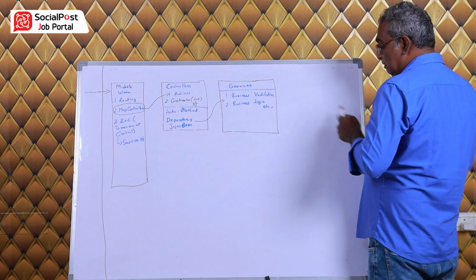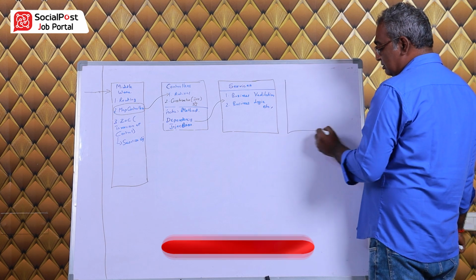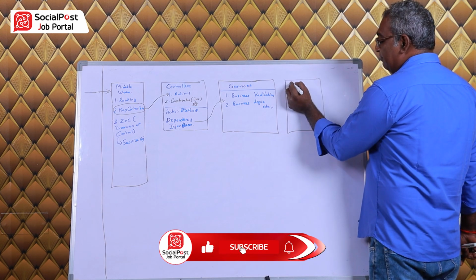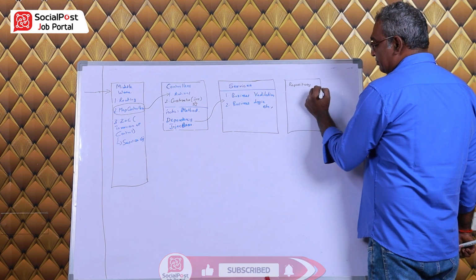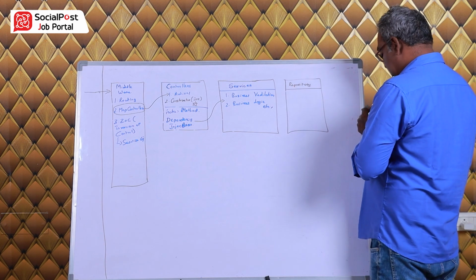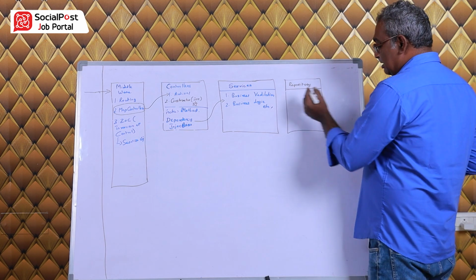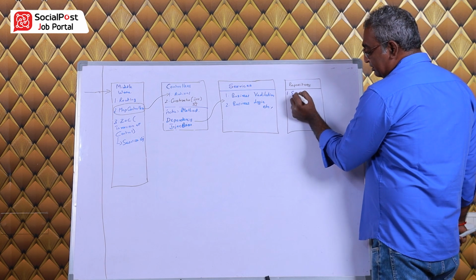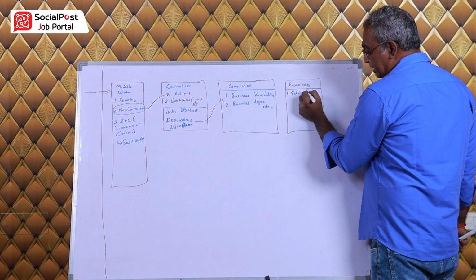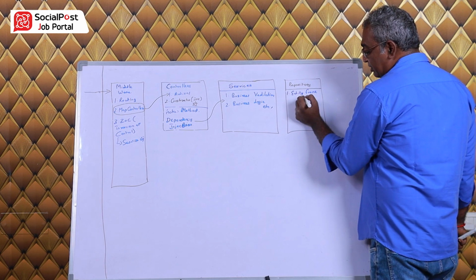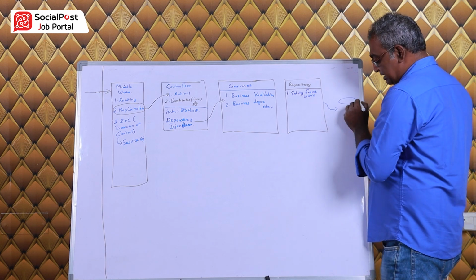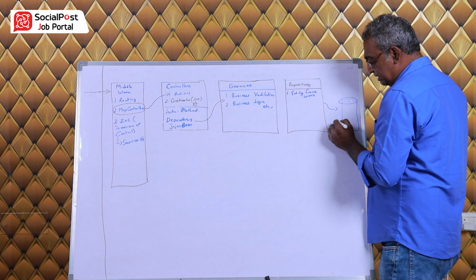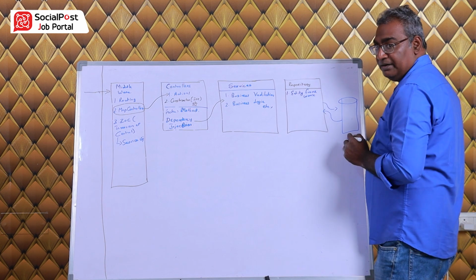You will have a final layer called repository. This repository would contain Entity Framework, which is nothing but talking to the database, and that data will be given back through Entity Framework.